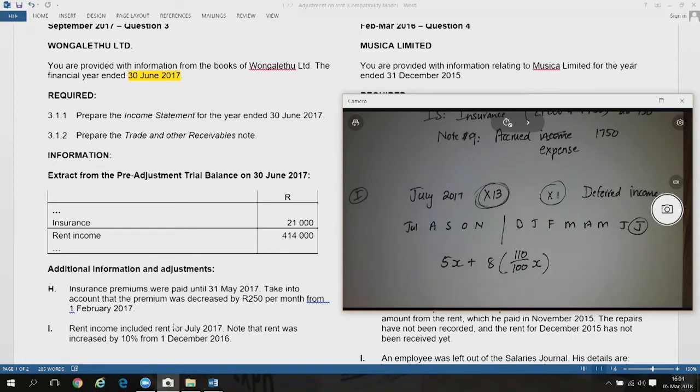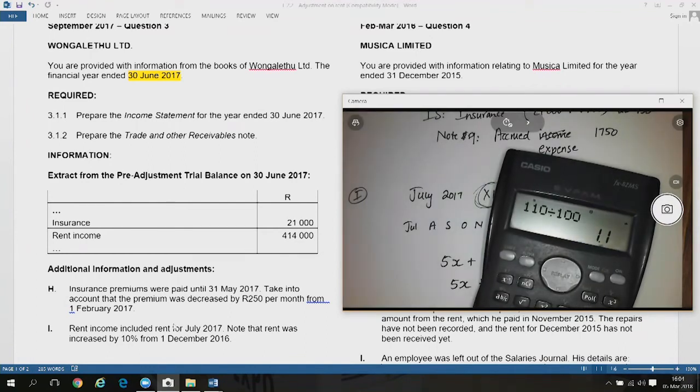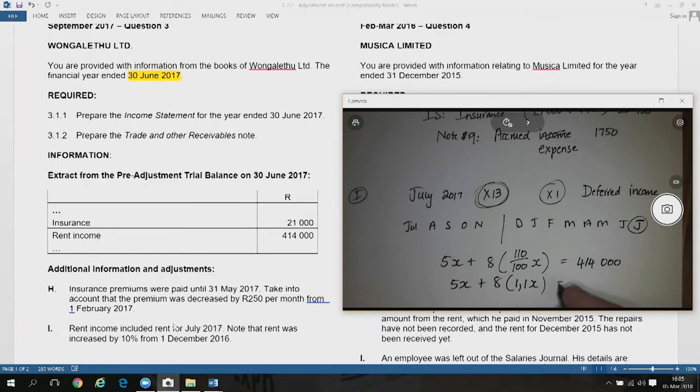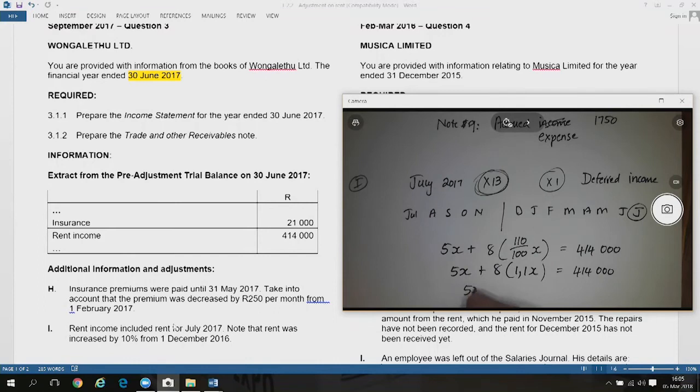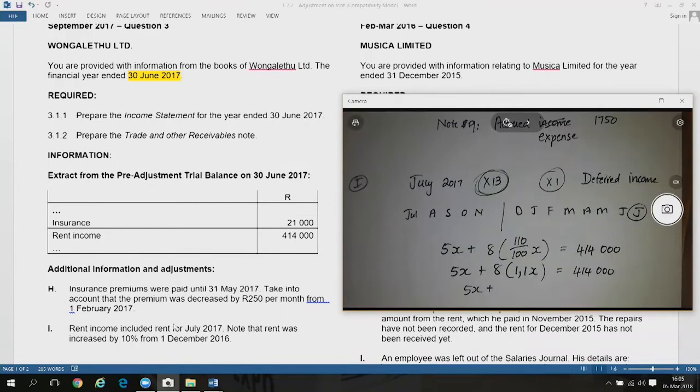110% x, because it was an increase by 10%. Gives us 414,000. 5x plus 8 times 1,1x. Where did I get 1,1? 110 divided by 100 gives you 1,1. Equals 414,000. 5x plus 8,8x gives you 414,000.